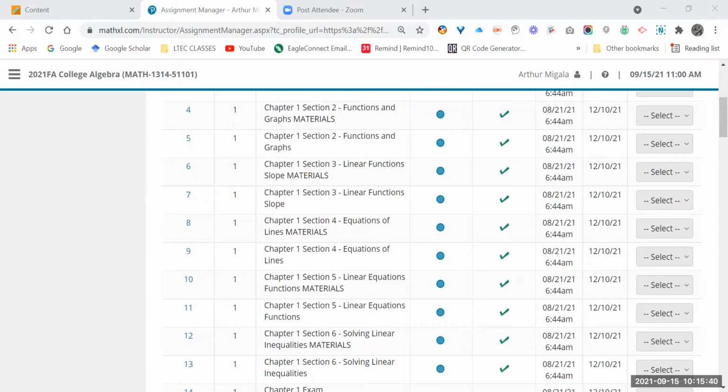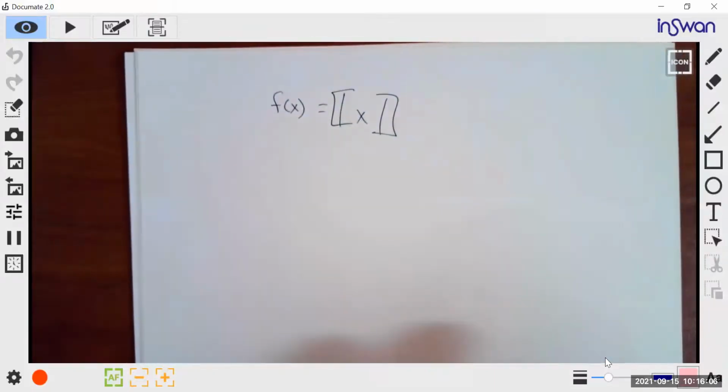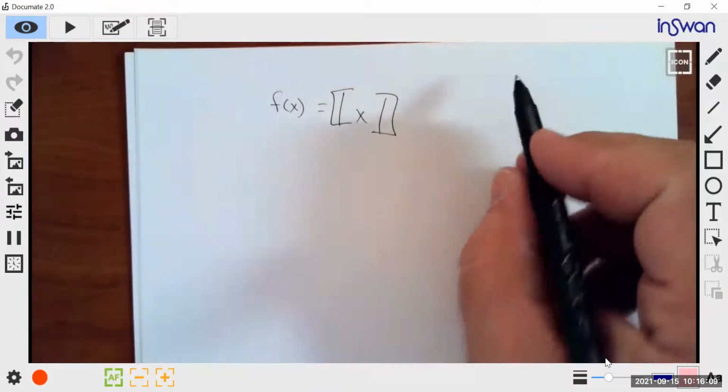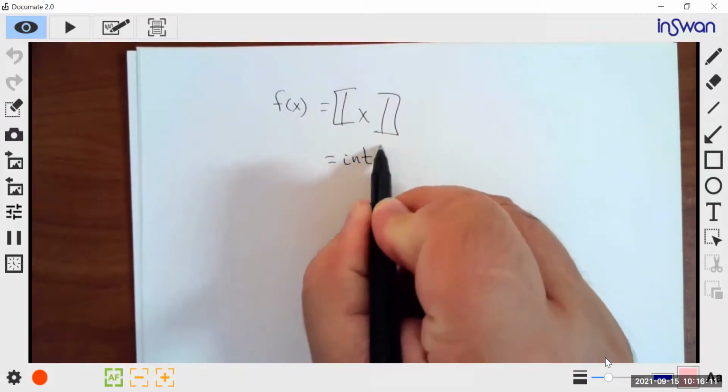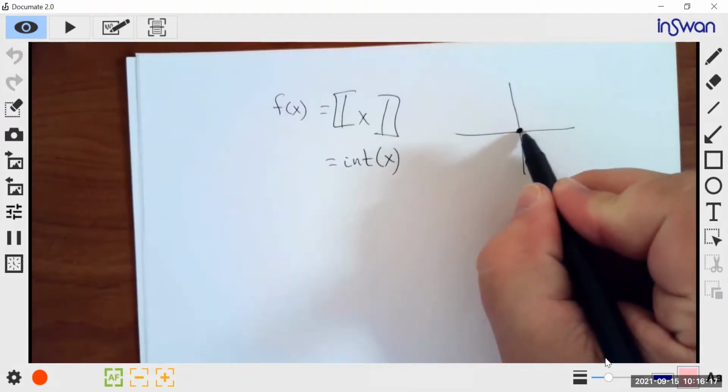This is the stair stepper, the greatest integer function, or int of x.